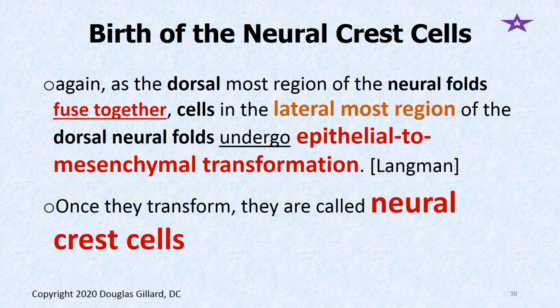All right, neural crest cells, again, the dorsal region, or that end part of the plate, in order to leave, they have to become mesenchymal tissue. And so here's the next tissue. We've talked about epithelial to mesenchymal transformation, right? When epiblast cells move down through the primitive streak, they have to become mesenchymal tissue.